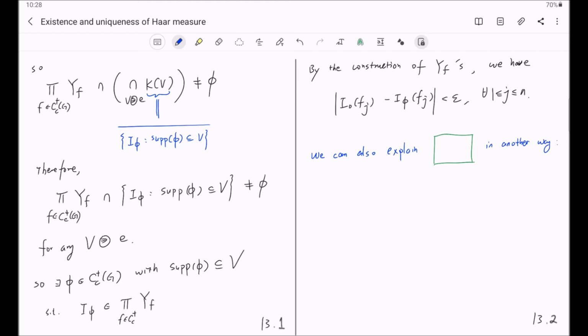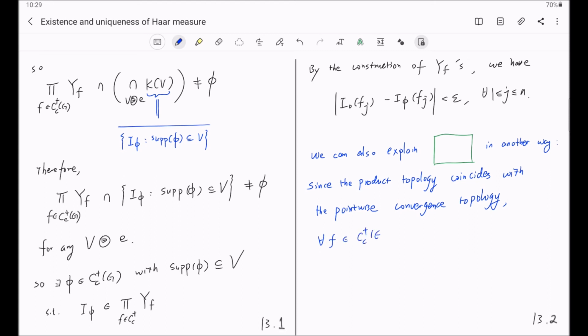Since the product topology coincides with the pointwise convergence topology, for any f in Cc plus of G, there exists a sequence of phi sub n's such that I sub phi n of f converges to I naught of f.